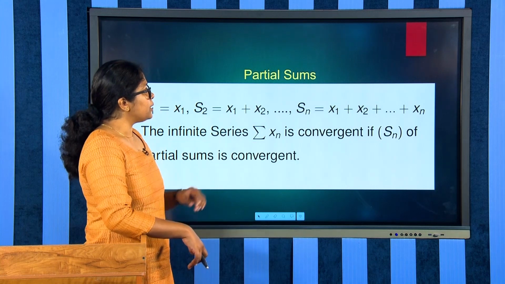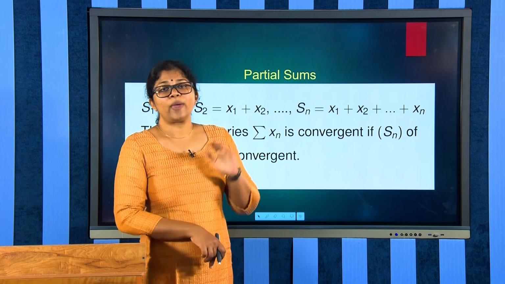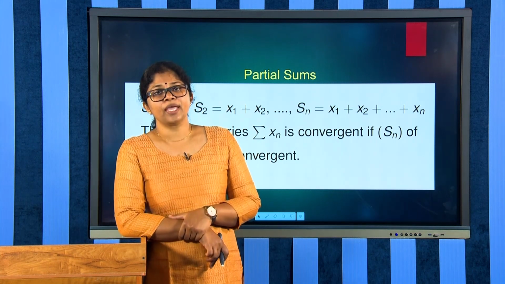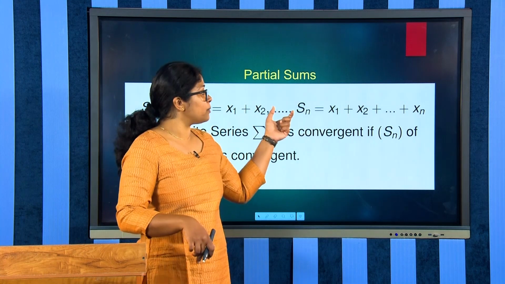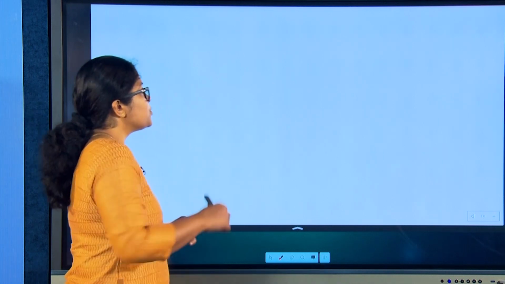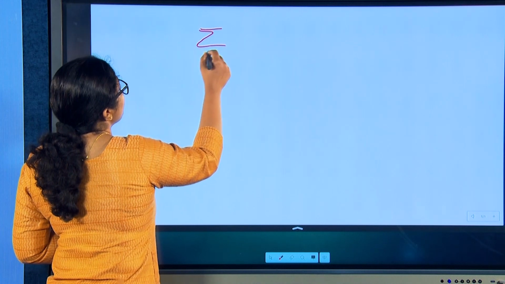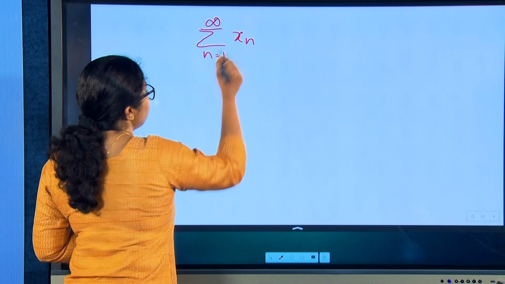There is something called partial sums. We are well familiar with the convergence and divergence of sequences, and we will extend that to series using the so-called partial sums. So, we can see what a partial sum of a given series is. Suppose we have a series of the form summation n equal to 1 to infinity of xn.